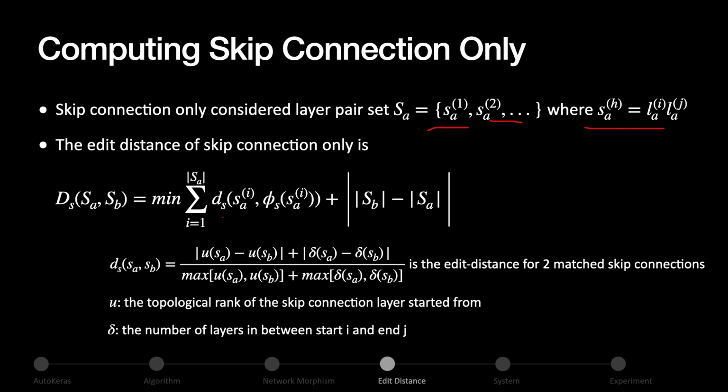The topological aligned distance between SA and SB, it is ds of SAD, phi s of SAI, plus the not aligned part, which is the absolute value of SB minus the absolute value of SA.